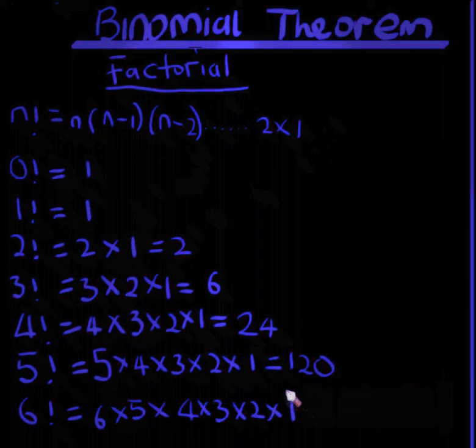So to put the value there, 6 times 5 gives us 30. 30 times 4 gives us 120. 120 times 3 gives us 360. 360 times 2 gives us 720. And 720 times 1 gives us still that 720.